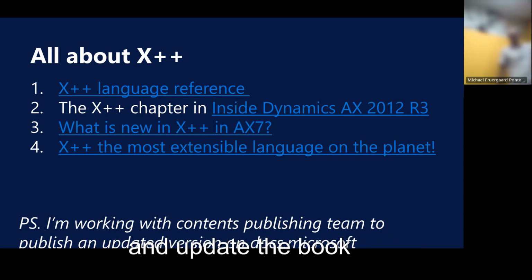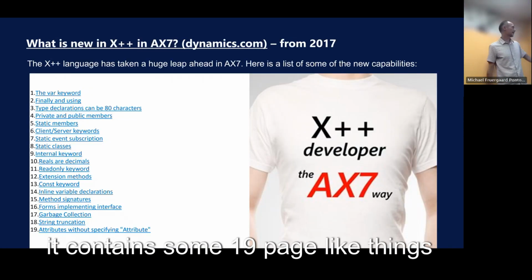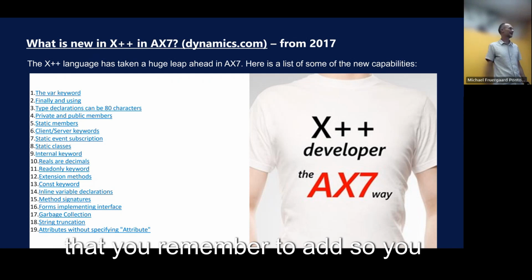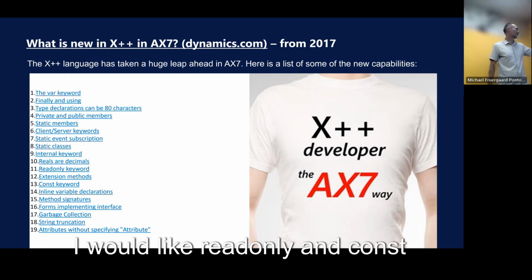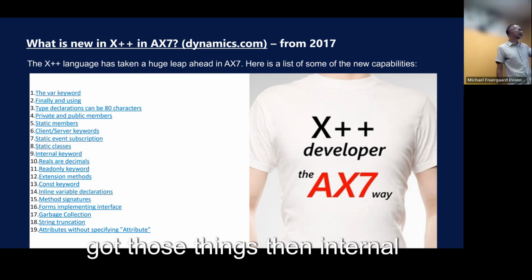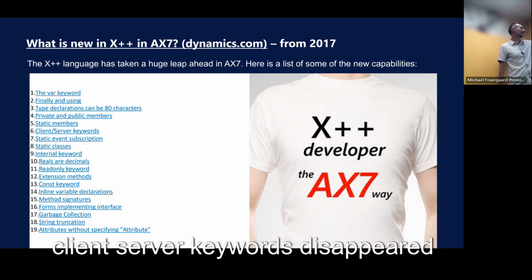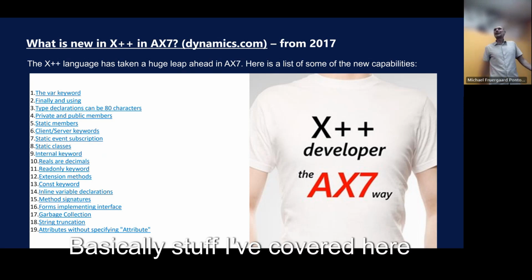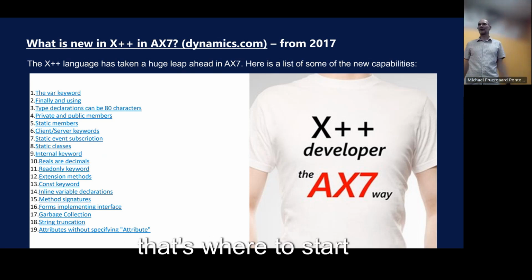If I ever should come back and update the book, this is everything, and it basically contains some 19-page things I should remember to add, so you can read about it here. But it's stuff that you recognize from C#. We got read-only and const. The internal keyword started working. Client-server keywords disappeared. Basically, stuff I've covered here. But if you really want to read all of it, that's where to start.